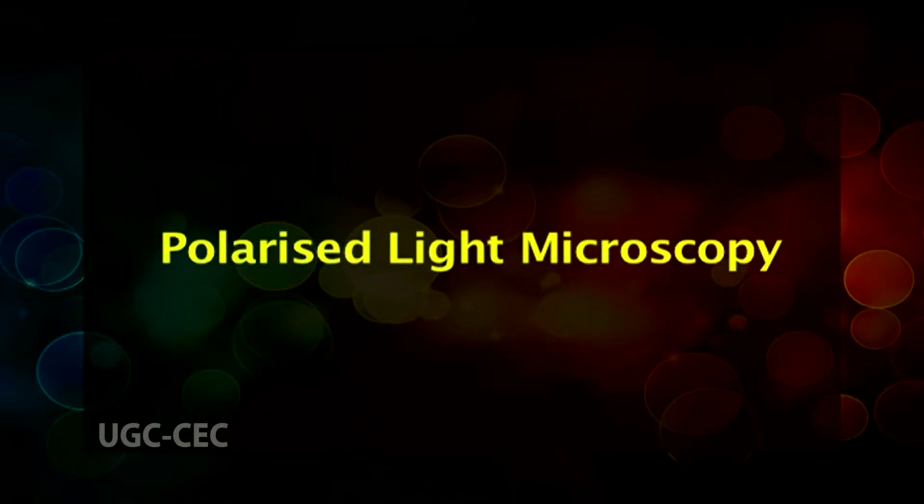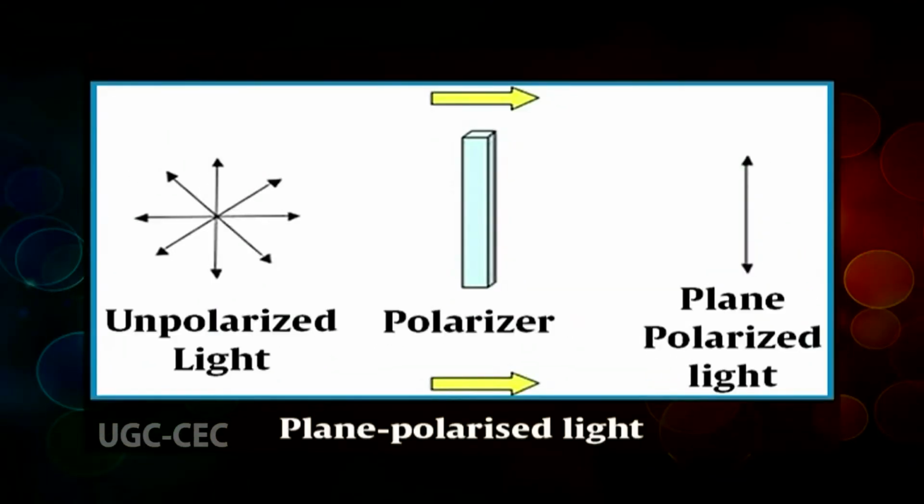Fourth is polarized light microscopy. Polarized light microscopy uses plane polarized light to analyze structures that are birefringent. That is, structures that have two different refractive indices at right angles to one another, for example, cellulose microfibrils. Normal unpolarized light can be thought of as many sine waves, each oscillating at any one of an infinite number of orientations around the central axis.